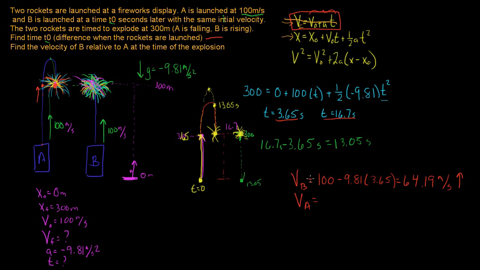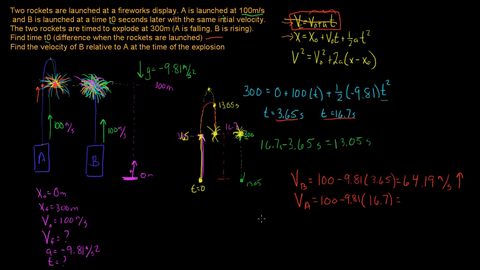Now, the velocity of A is equal to the same initial velocity. It's shot at 100 meters per second, and the acceleration of it is only gravity acting against it, so it's negative 9.81 meters per second squared, and the time that it's in the air is this entire time, which is 16.7 seconds.